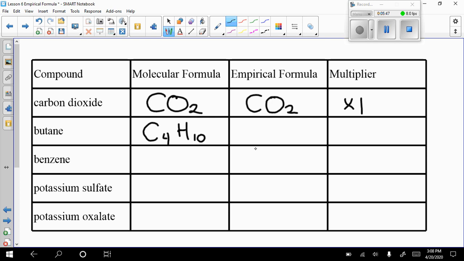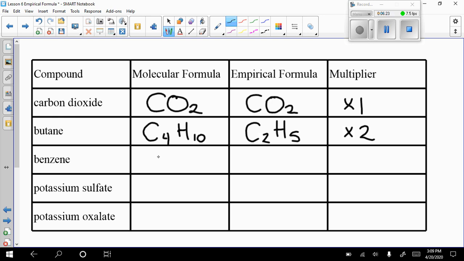In other words, we can see that 2 goes evenly into both of those numbers. And so technically, the empirical formula of butane is C2H5, because it's the smallest whole number ratio. The smallest ratio is 2 to 5 versus 4 to 10, and the multiplier is times 2. In other words, to go from the empirical formula to the molecular formula, you would double everything.